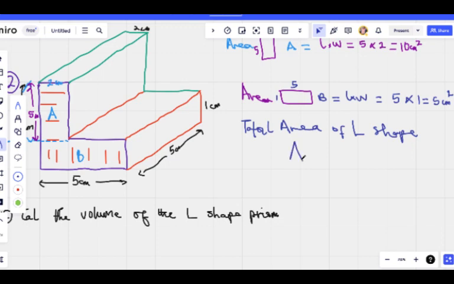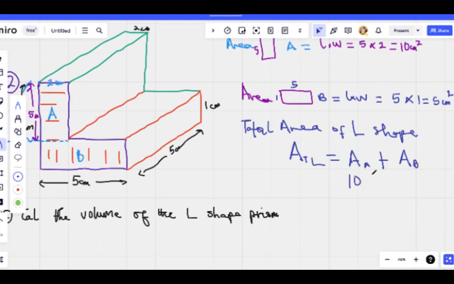So if I write A total for my L shape, it will be area A plus area B. Remember, we broke the L shape into A and B. So area A was 10 centimeters square.